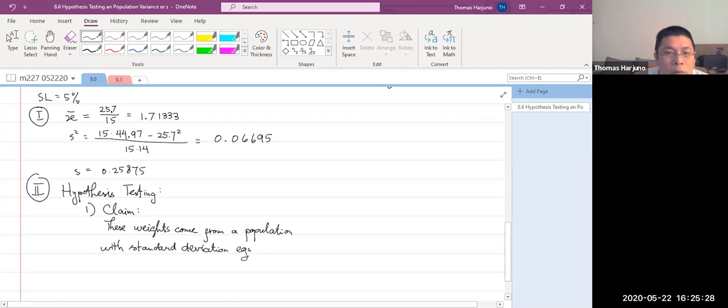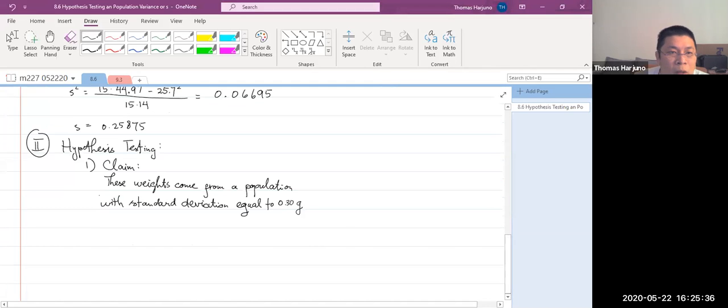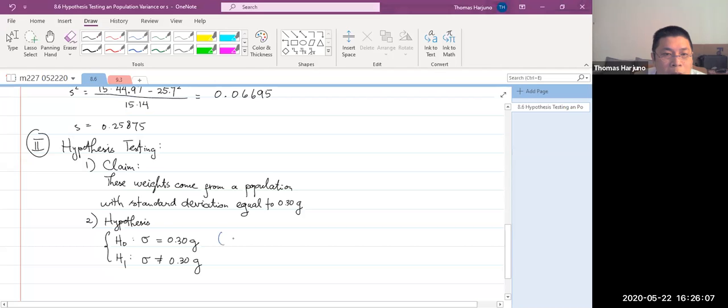Then step 2, hypothesis. We are testing sigma equals 0.30 versus sigma not equal to 0.30. Notice that the claim is with the null hypothesis.